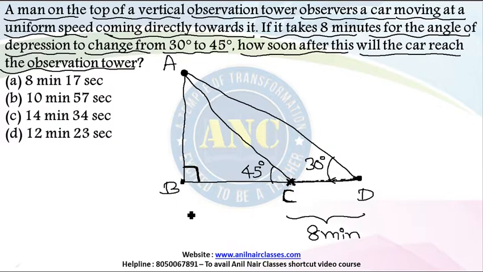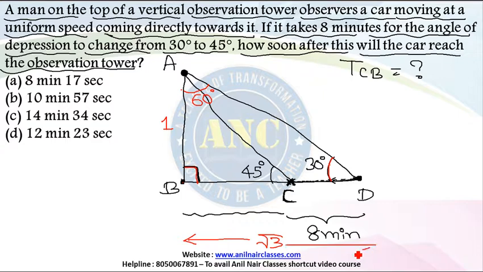The time taken from C to B is what I am interested in finding. Now if I take this triangle, this is 30 degrees, this is 90 degrees, so the entire angle A should be 60 degrees. According to my assumption, opposite to 30, AB, if I assume it as 1 unit, opposite to 60, which is nothing but BD, this entire BD value will become root 3 units.